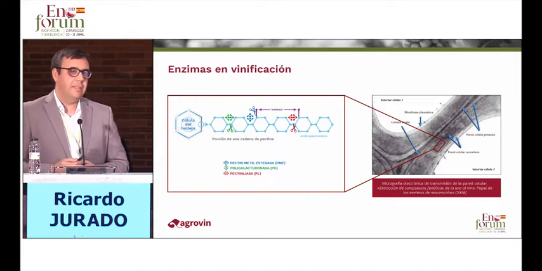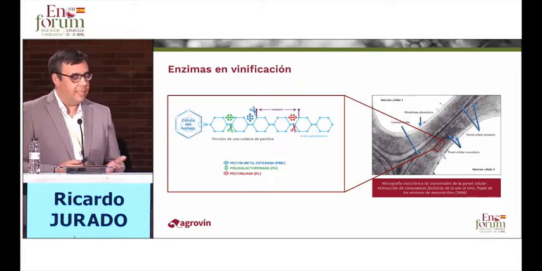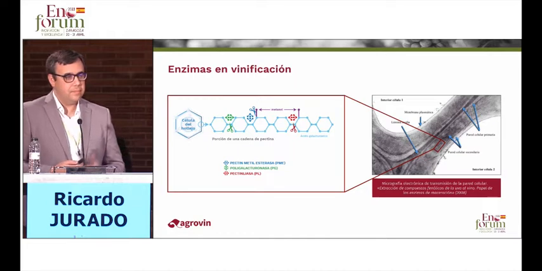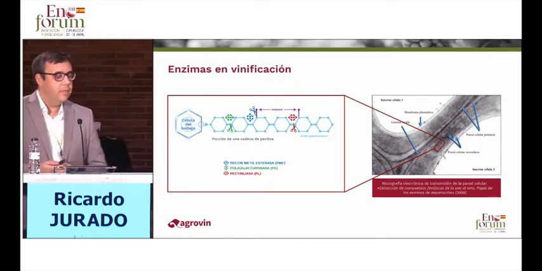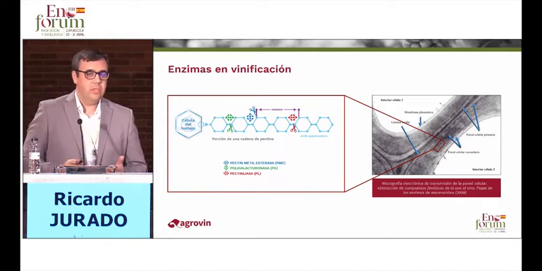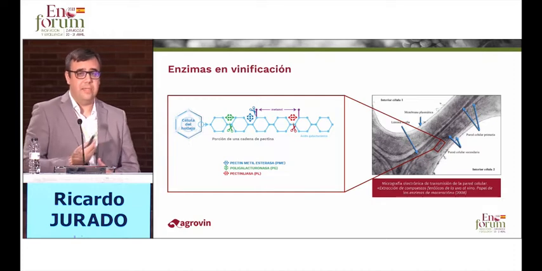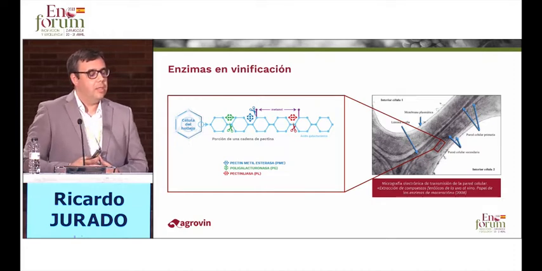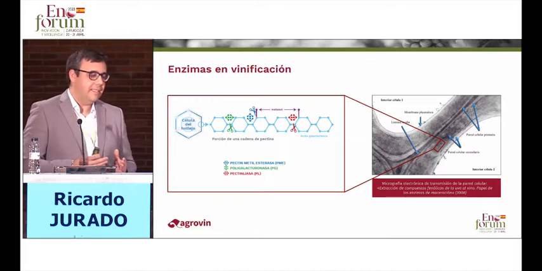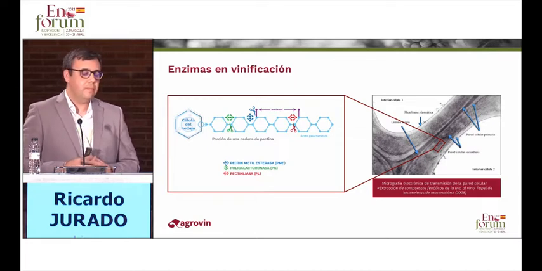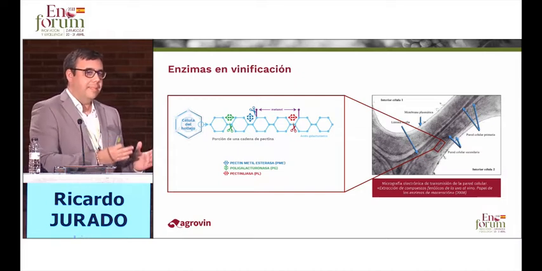Traditionally, we have been using pectinase, this pool of enzymatic activities: polygalacturonase, pectin lyase and pectin methyl esterase. The pectin lyase breaks between 2 and 3 galacturonic acids, breaking thus the chain and releasing the phenolic compounds. And this chain is methylated.